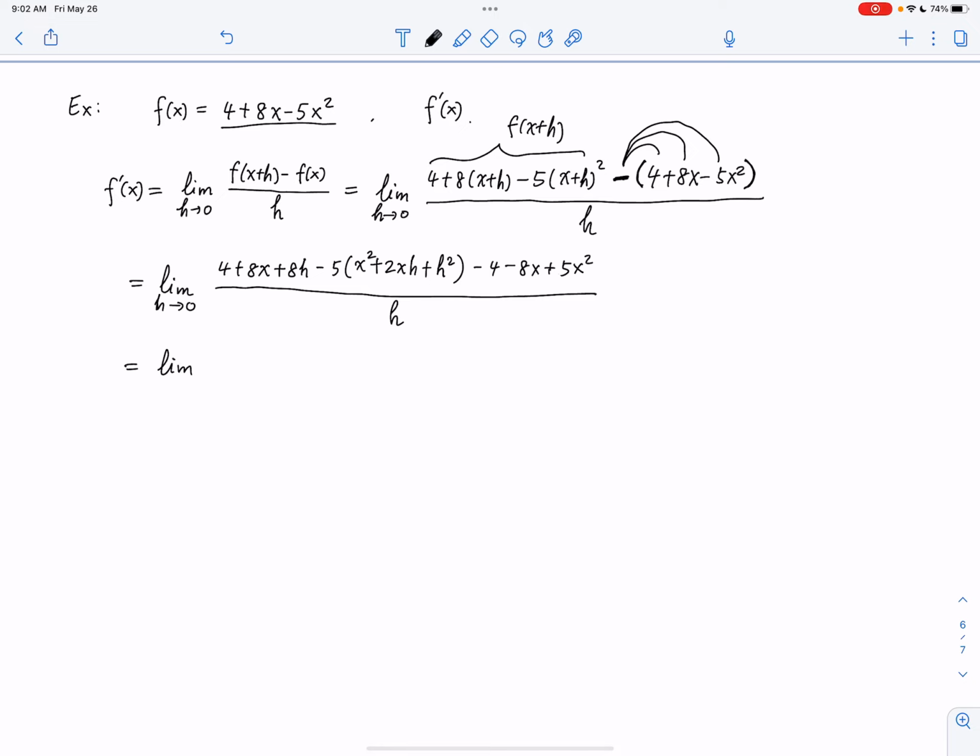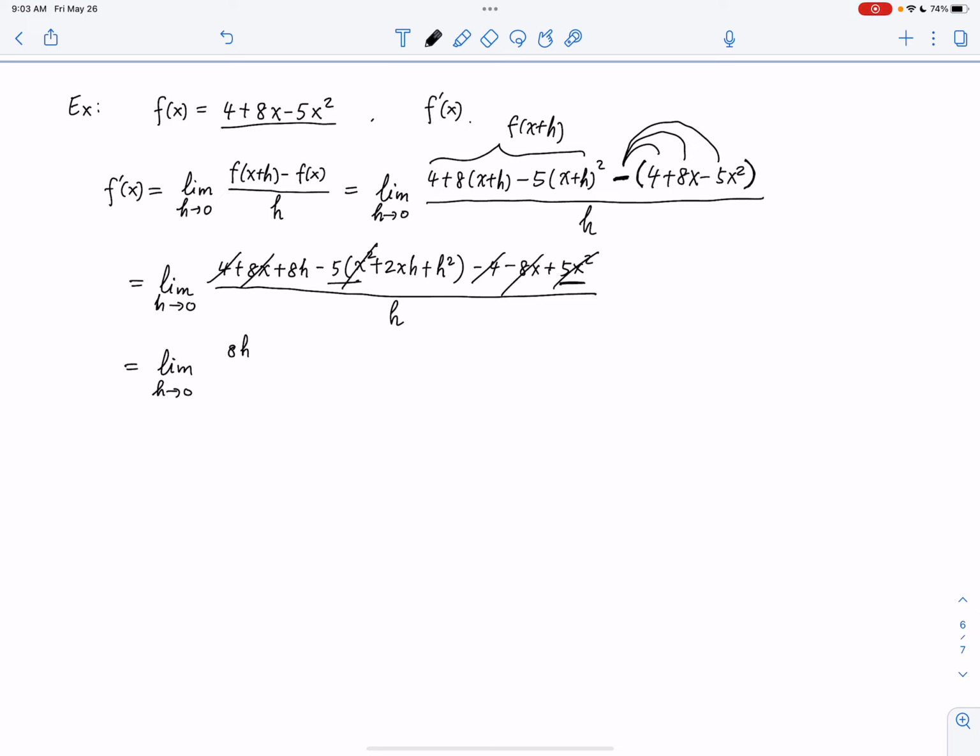Now you can do something further. You can cancel 4 with this minus 4, and 8x with minus 8x. You can also see you have 5x squared and here you have negative 5x squared, so the x squared is also gone.